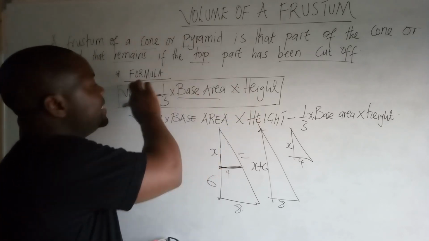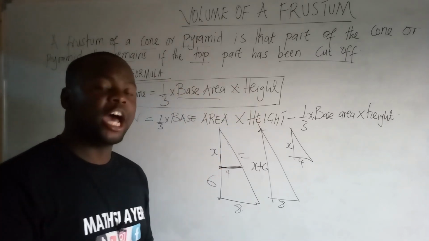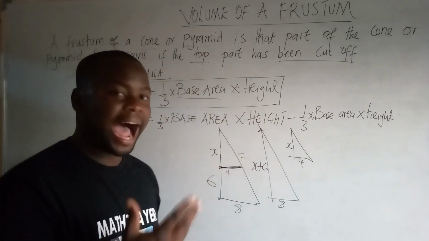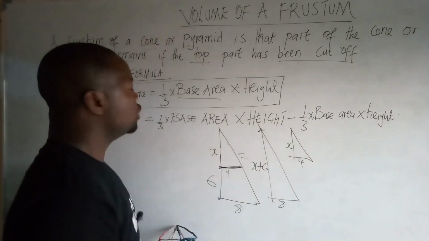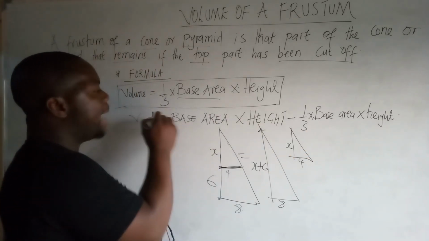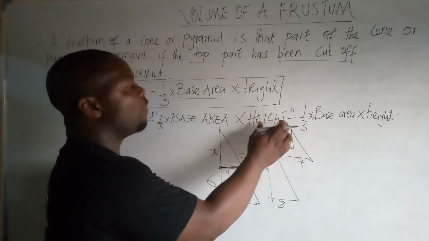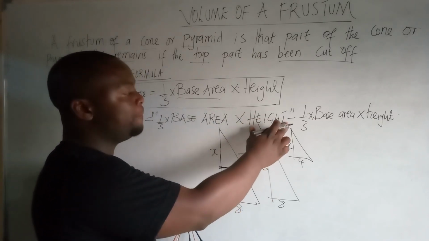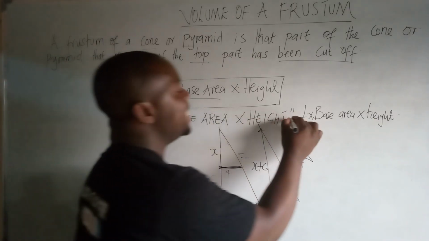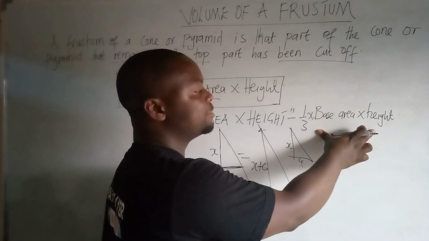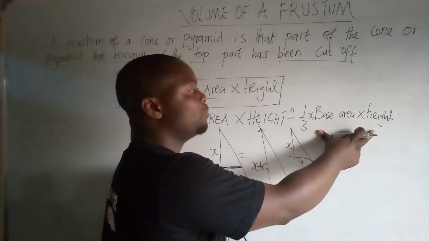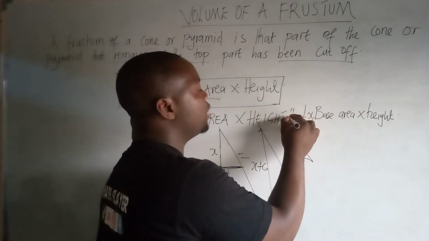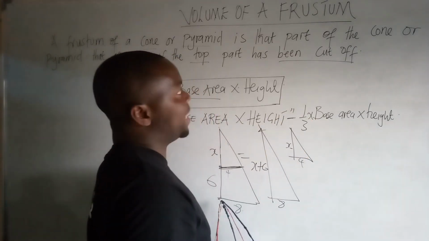This is just a general formula. However, you need to subdivide it. How? Like this. From here up to here, this is the volume of the big cone or big pyramid, minus the volume of the smaller cone or the smaller pyramid. The reason we are doing minus is because we are subtracting.